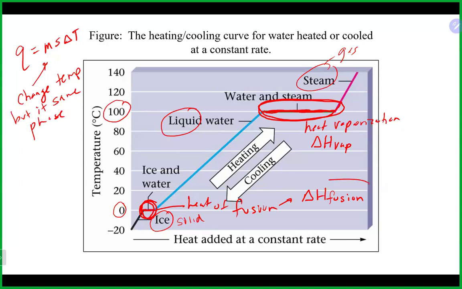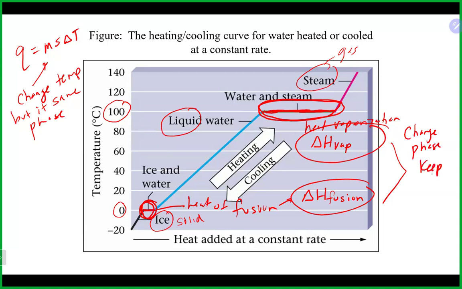We use the heat of fusion or the heat of vaporization when we are changing the phase of something, taking it from solid, liquid, or gas, but keeping the same temperature.